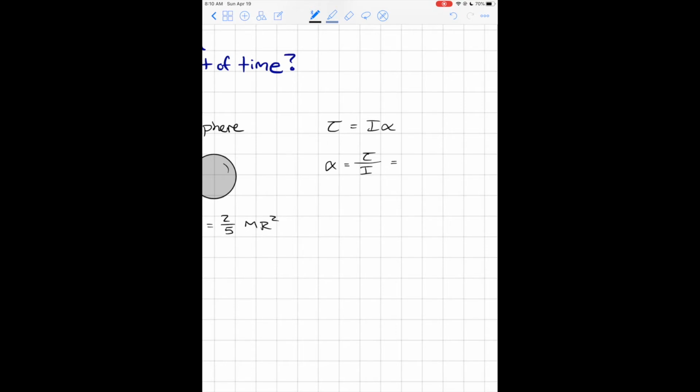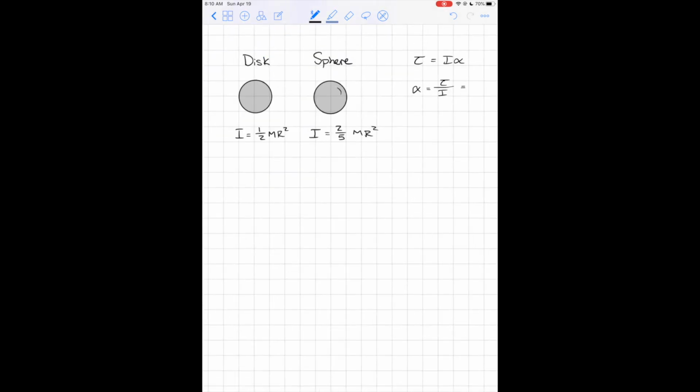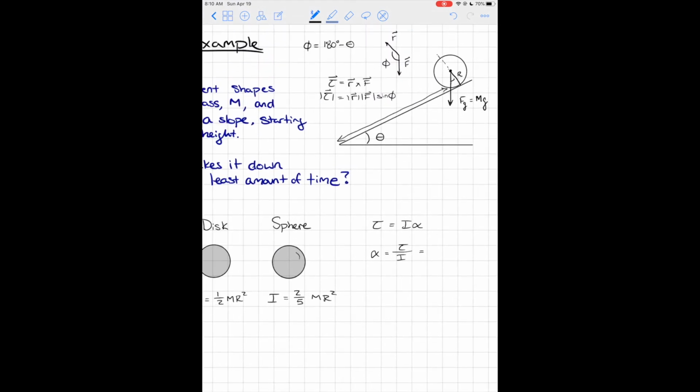I have the same radius, so I have the same distance that I need to go, the same number of rotations, the same number of angles I need to go through. This is why it's a little tricky to use theta as a physical angle in the problem, as opposed to an angular displacement.